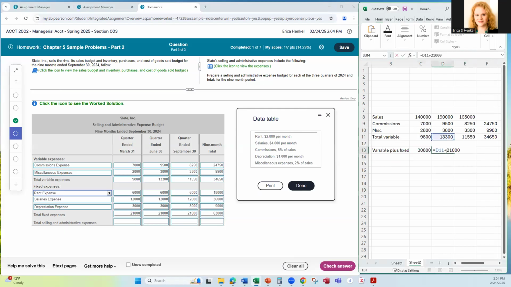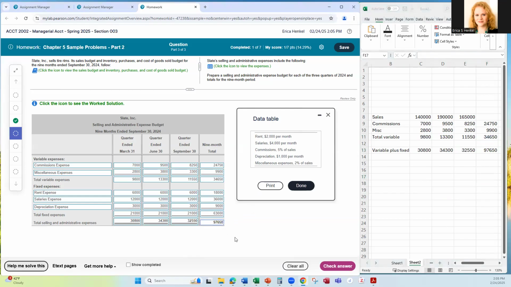So if I take those variable ones and just add the 21,000, that will get me my total selling and administrative. All right, that is it for the selling and administrative expense budget.